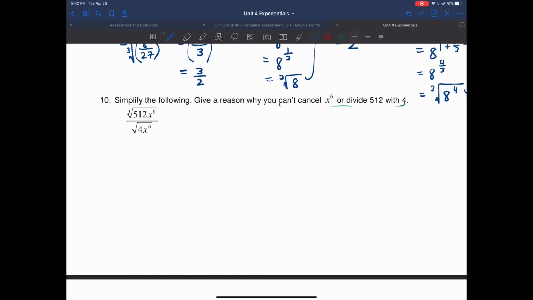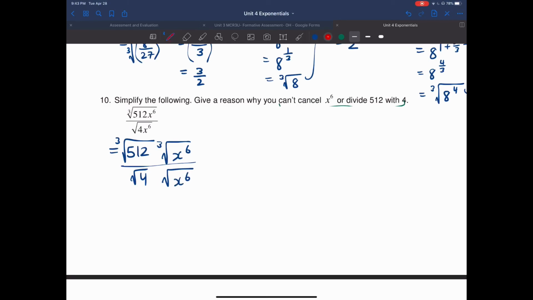But before I do that, as a first step, I'm going to apply that cube root to every single part. So I have the cube root of 512 and then cube root of x^6, divided by a square root of 4, and then square root of x^6.